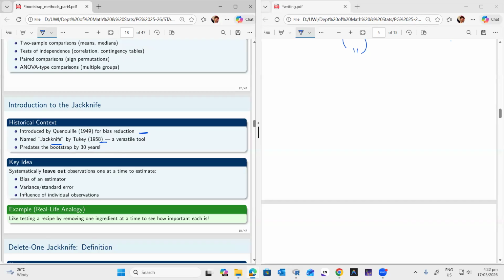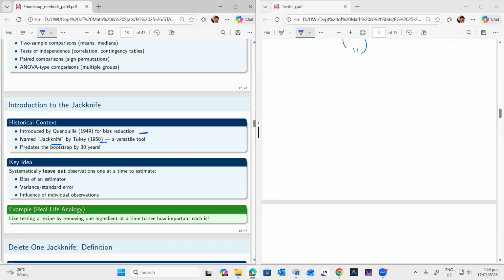Bradley Efron introduced the bootstrap method, but 30 years before that, the jackknife method was introduced. That was the linear approximation of the bootstrap.